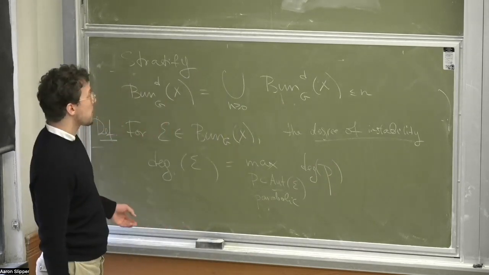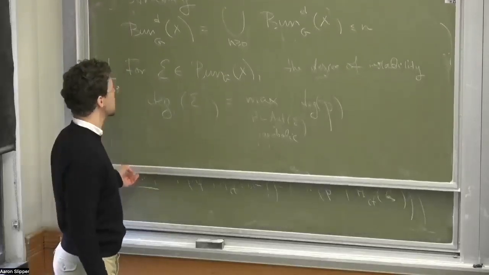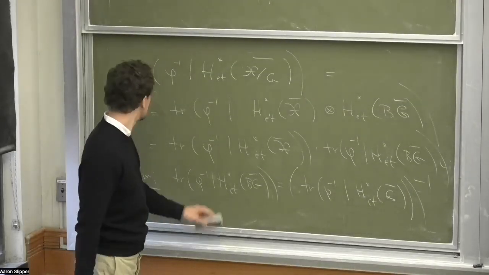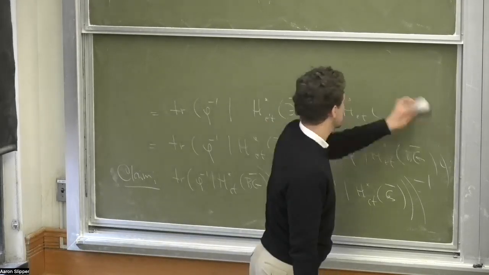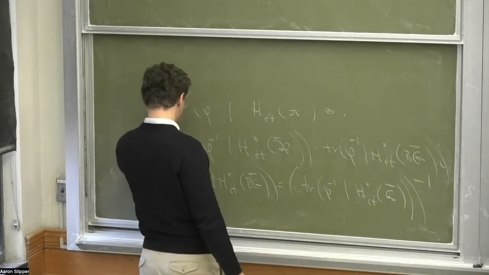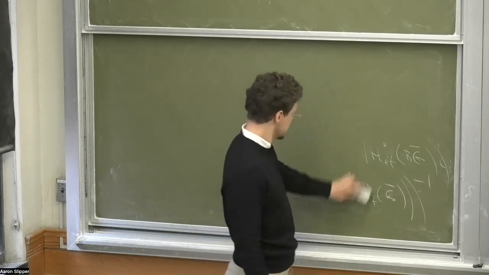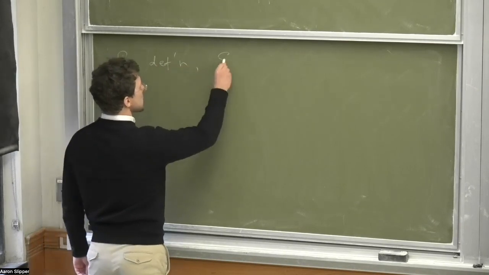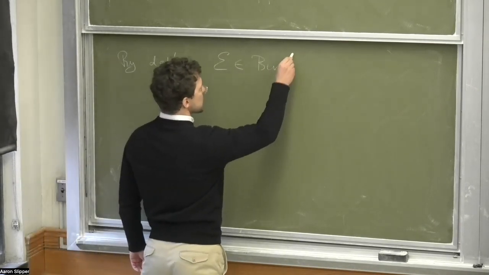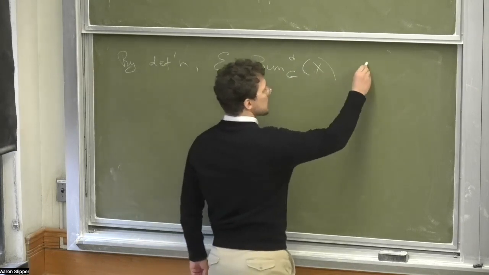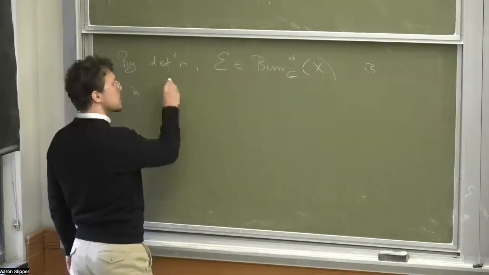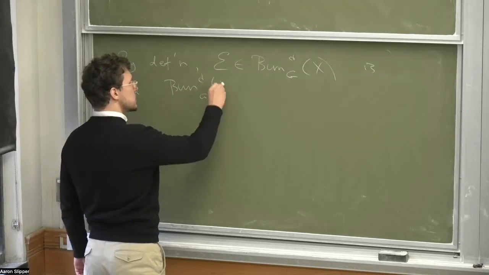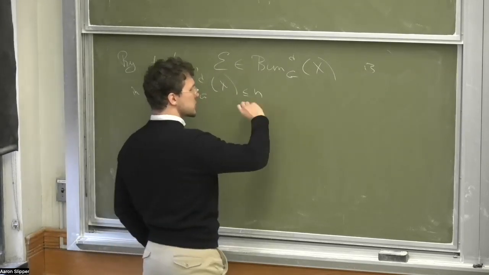So by definition, I say that some E belonging to Bun_G is in Bun_G^{≤ n} if the degree of instability of E is less or equal to n.